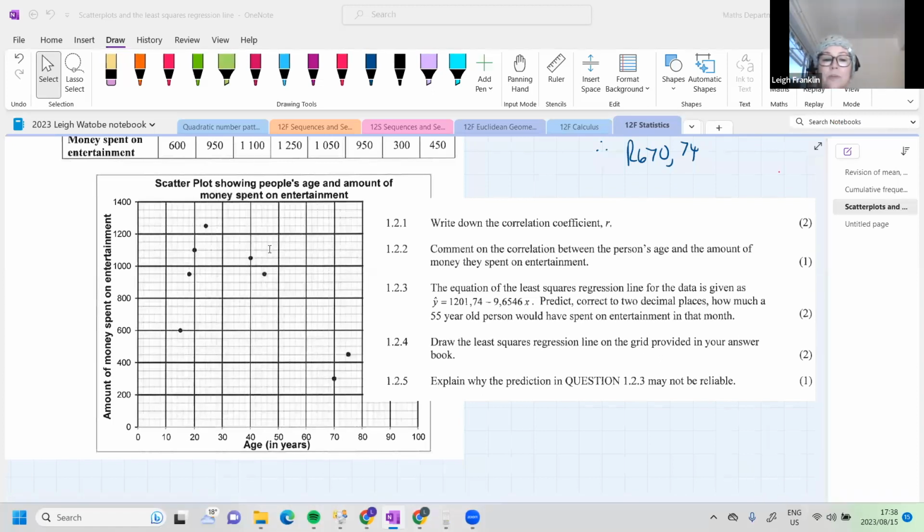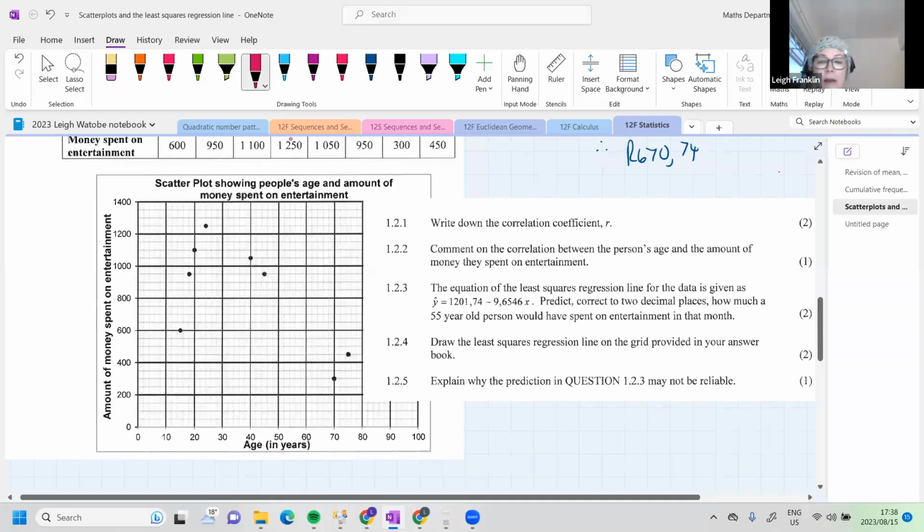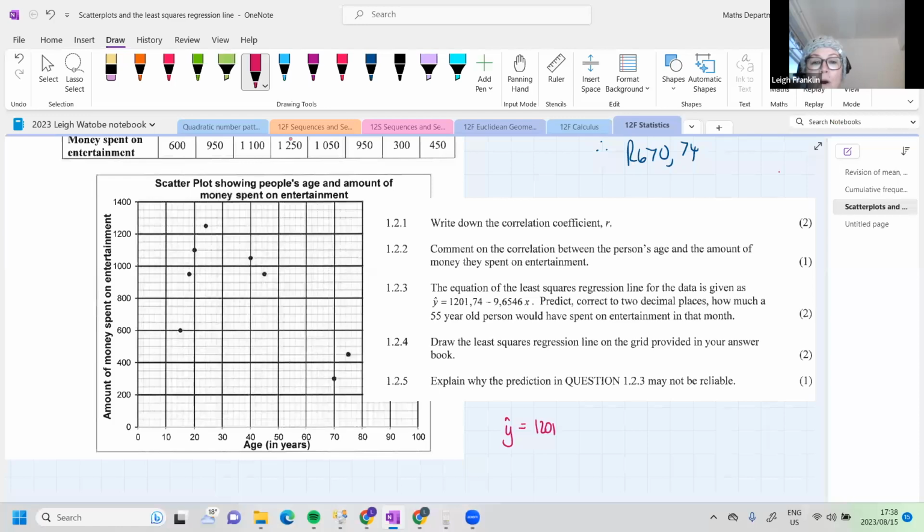So I'm going to sub in, y equals 1201,74 minus 9,6546. I'm going to sub in 16, which is just a little bit bigger than my minimum, and work out what y would be. So let's do that. You guys can share your answers.